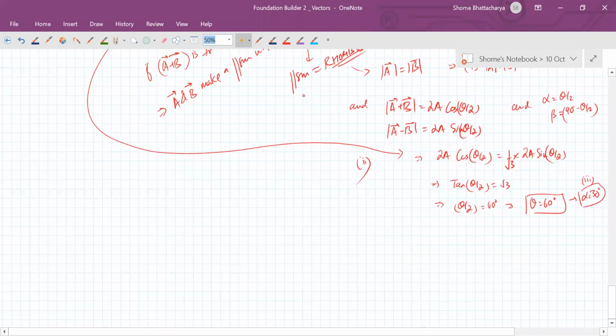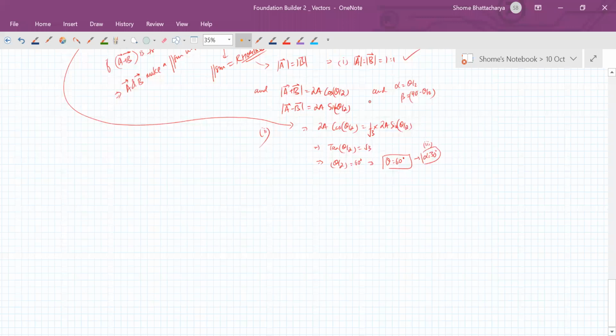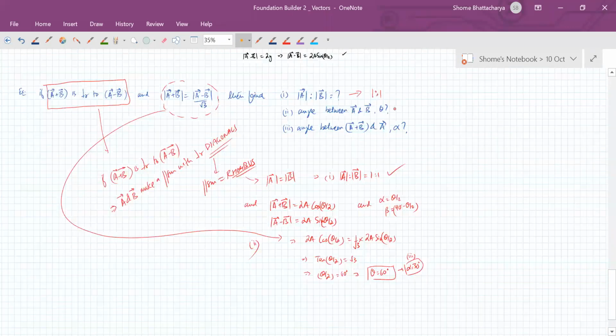Okay. So this is how a question like this, which would otherwise, I'll show you how to use component algebra and solve this question also, but that will take longer. So you can see it will become a very short solution. This is just 1:1. This is 120 degrees. So this is 60 degrees. My mistake.